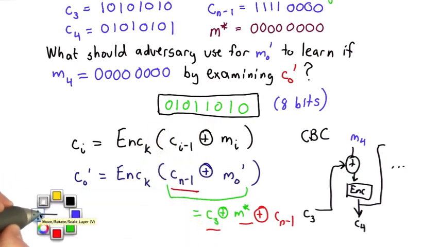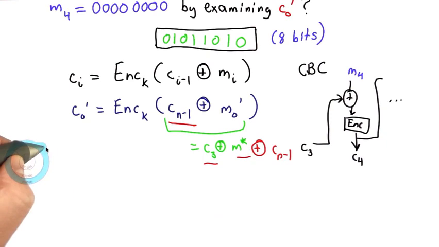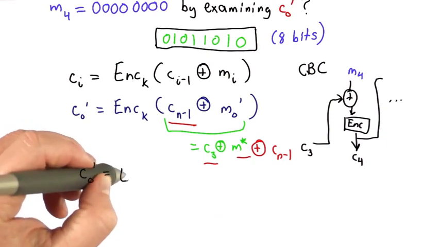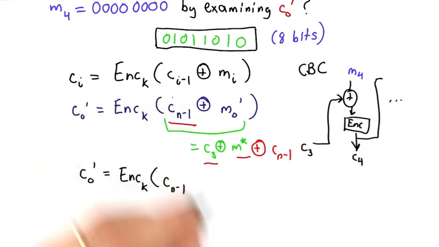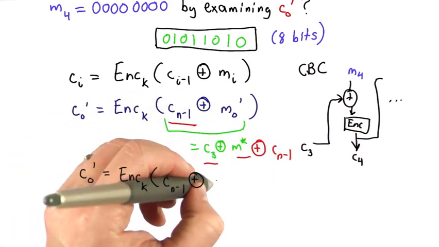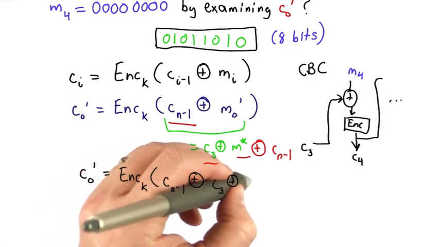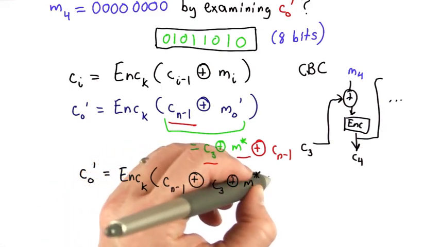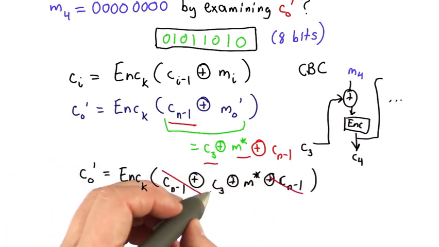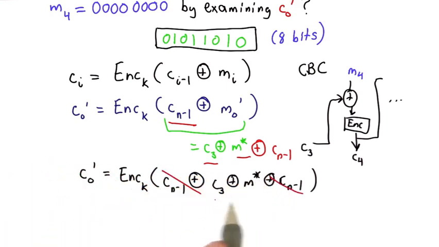And let's see what happens when that value is used for M0. What we're going to get for ciphertext block 0 is the result of encrypting the known value of ciphertext block n-1 with this result, which is C3. Well, now this is XOR, so that same values cancel out. And so that means the result is the result of encrypting C3 XOR with M star.